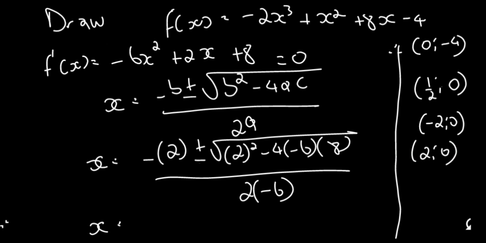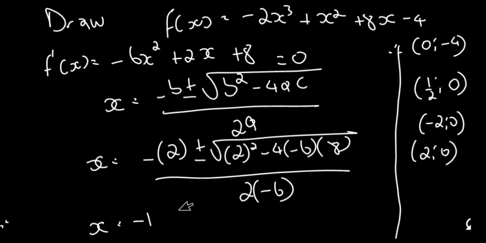So it's going to be negative 2 plus square root of 2 squared minus 4 times negative 6 times 8, all divided by 2 times negative 6, and then you're going to get negative 1.